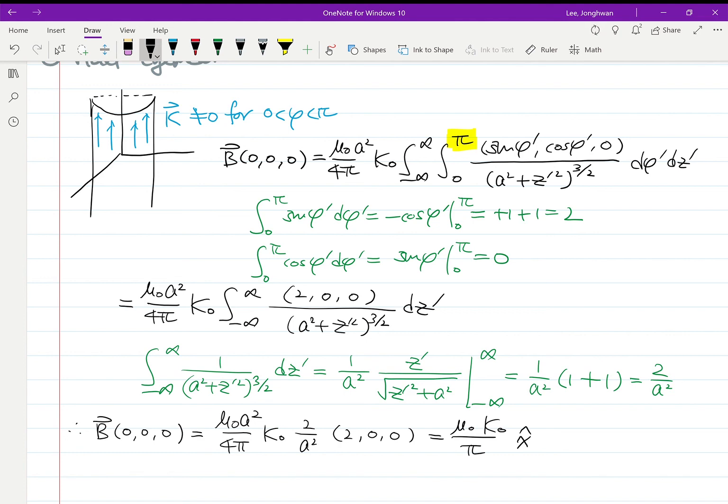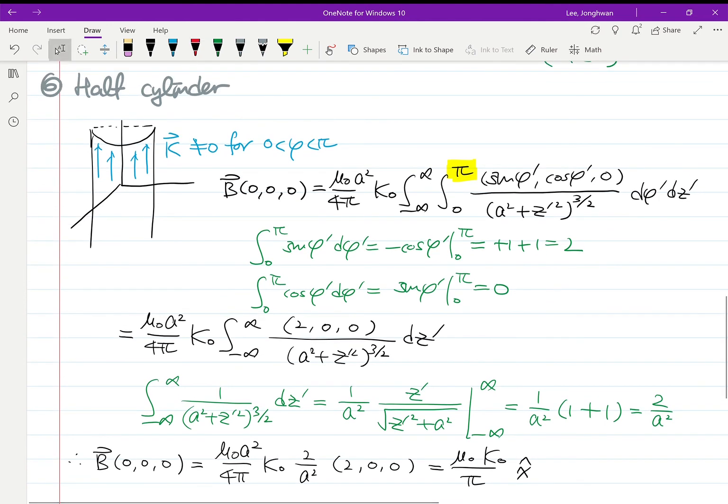So it means that when you have this infinitely long half cylinder, and when you measure the B field at the origin, it will have a non-zero B field because the B field from this half cylinder is not perfectly cancelled out. Okay, so the x component will survive.